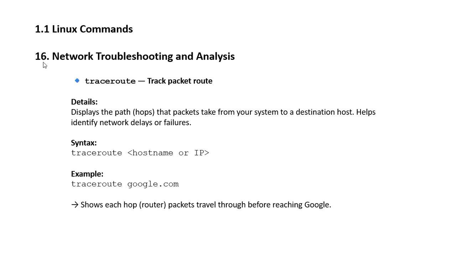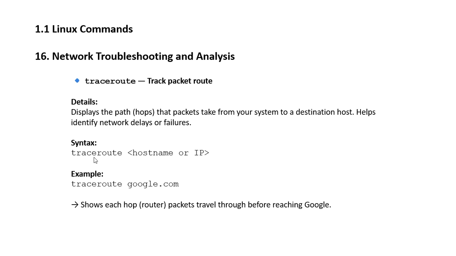Linux commands, subtopic 16 is network troubleshooting and analysis. The command is traceroute, which tracks the packet route. The detail is it displays the path, the hops, that the packet takes from the system to the destination host, and helps identify network delays or failures.